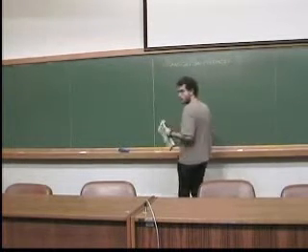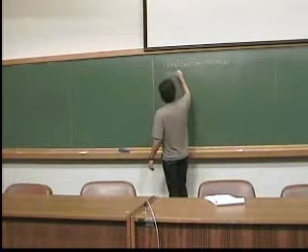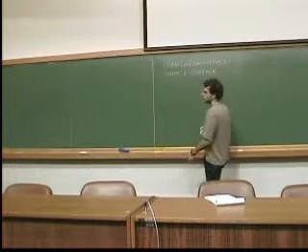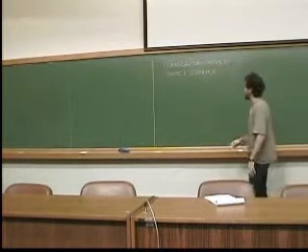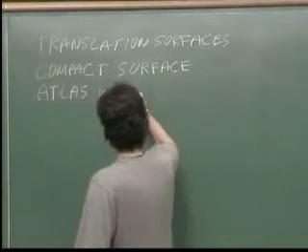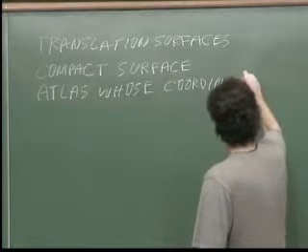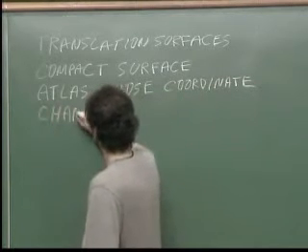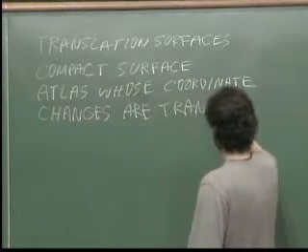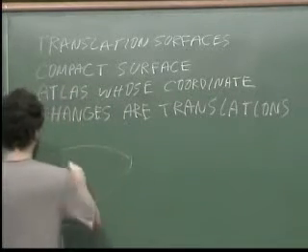Basically, you start with a compact surface with a very special kind of atlas, an atlas whose coordinate charts are translations. So here it's a surface.